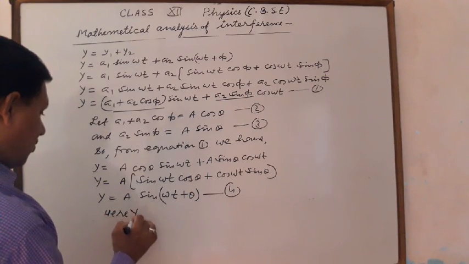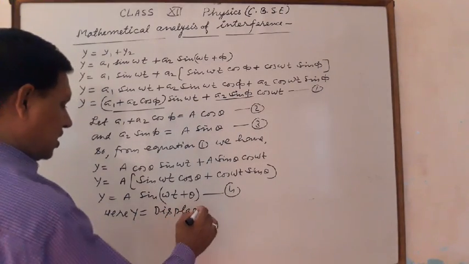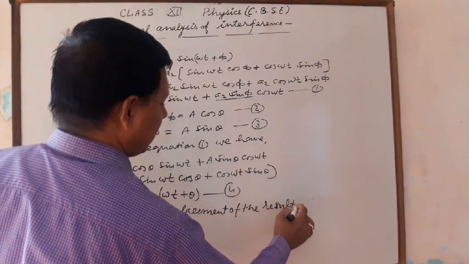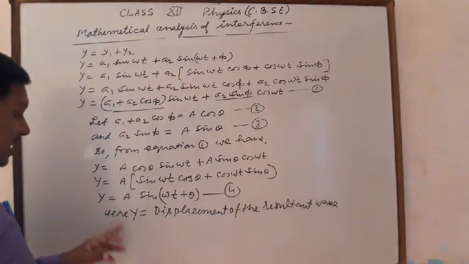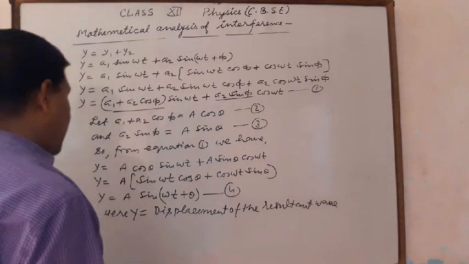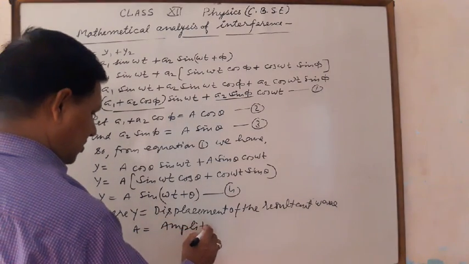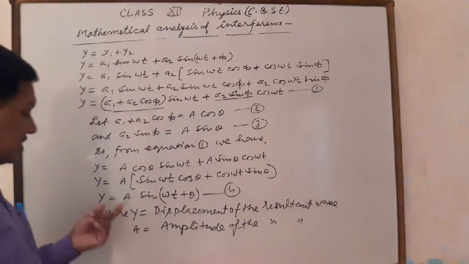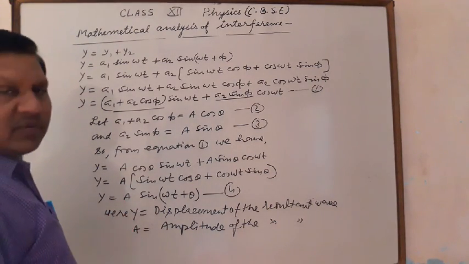Here y is the displacement of the resultant wave, and capital A is the amplitude of the resultant wave.